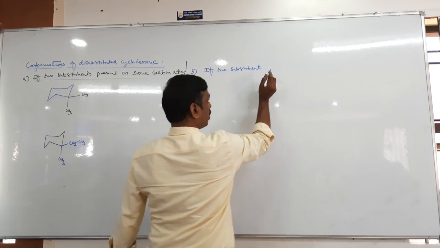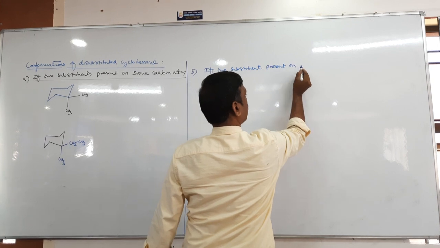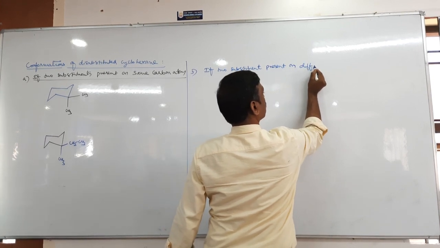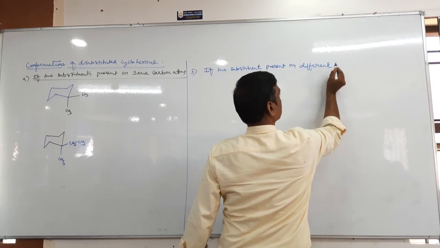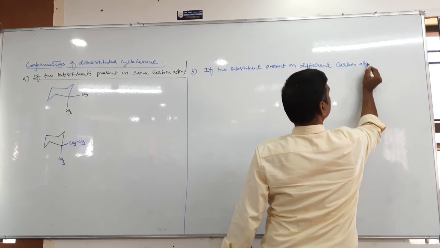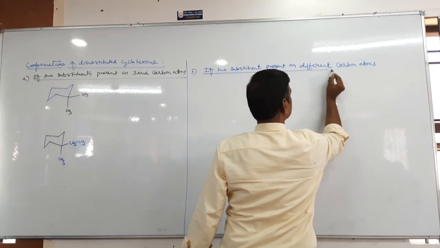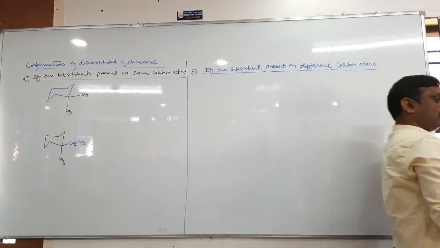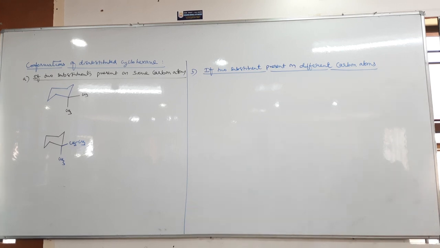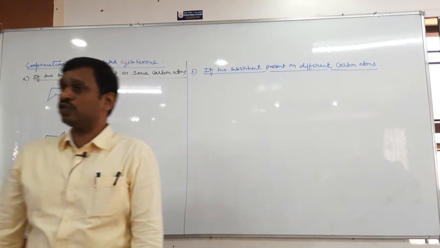If two substituents are present on different carbon atoms, tell me, they should be present on which position?